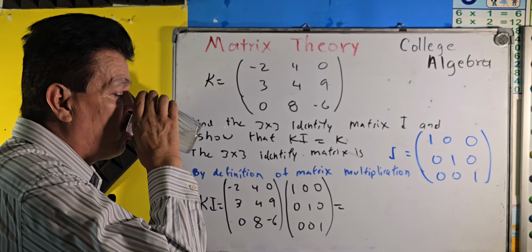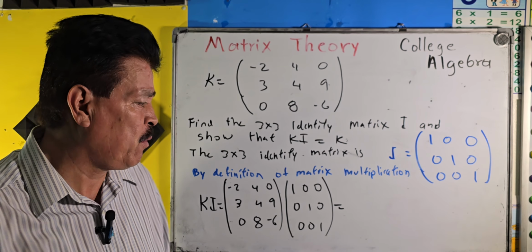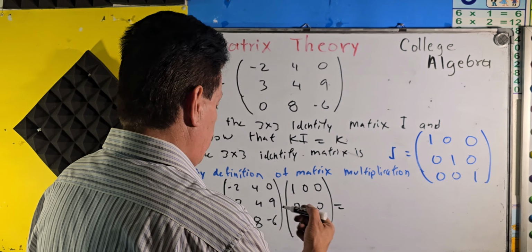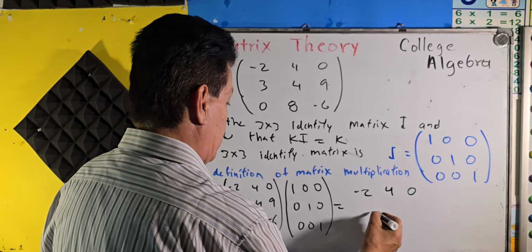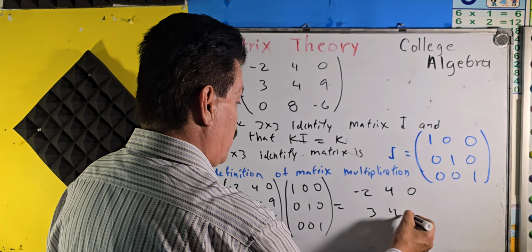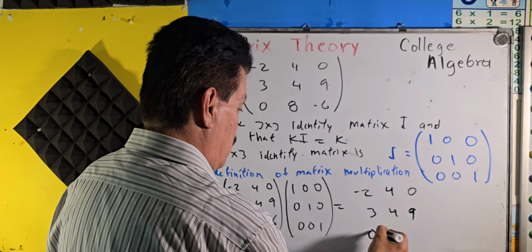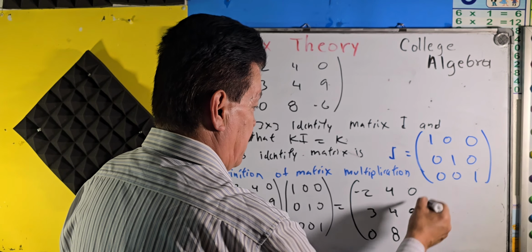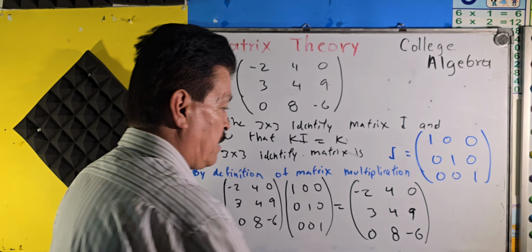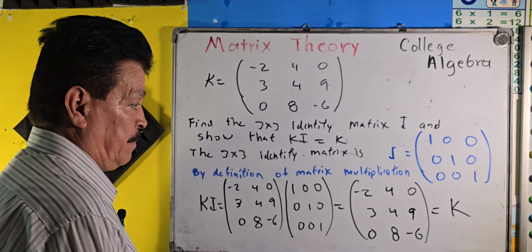So I show you the result: negative 2, 4, 0, then 3, 4, 9, and then 0, 8, and -6. This matrix is equals K. So that was our question.